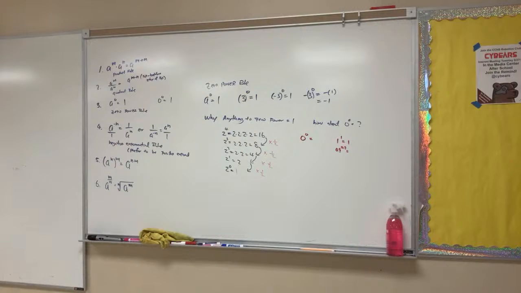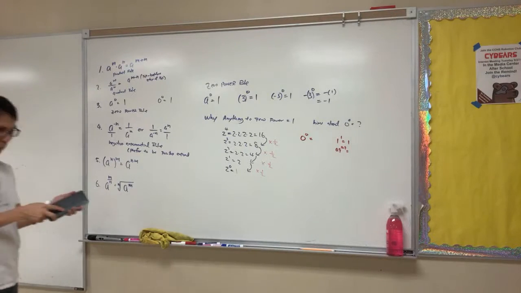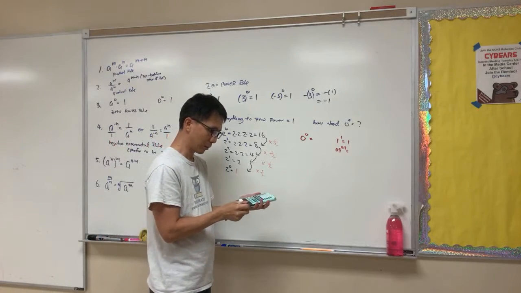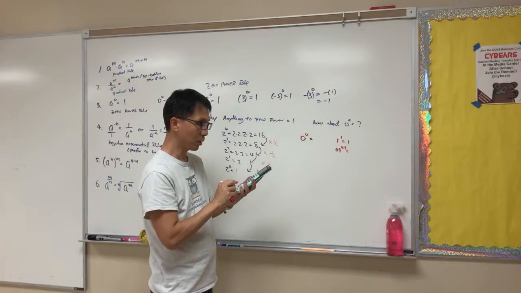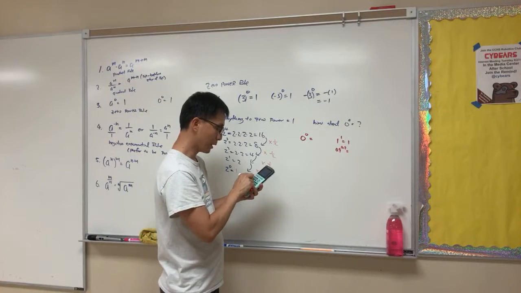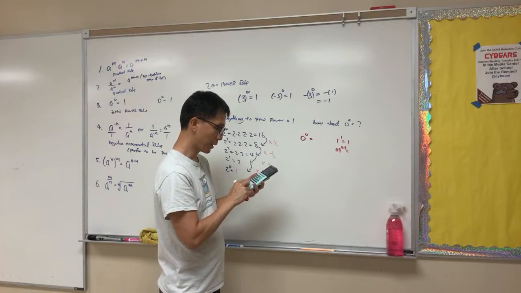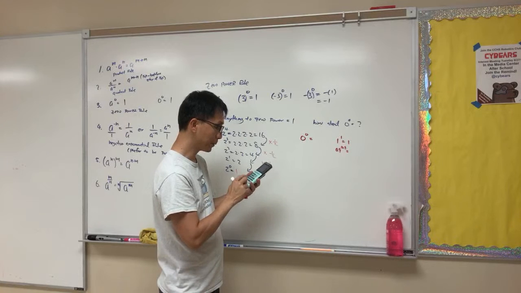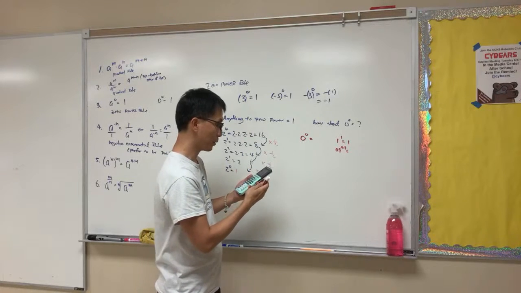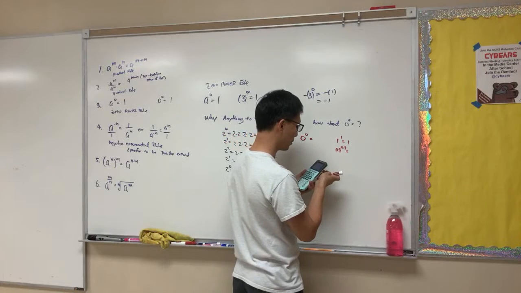I have this fancy calculator. 0.9 to the 0.9 power is equal to 0.9095.